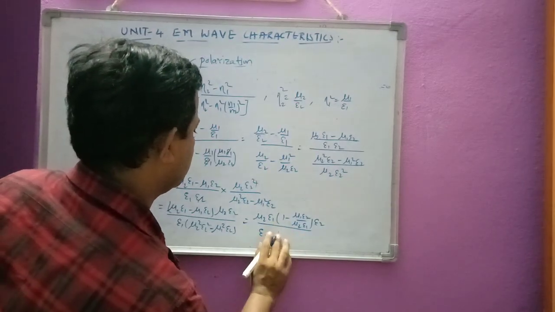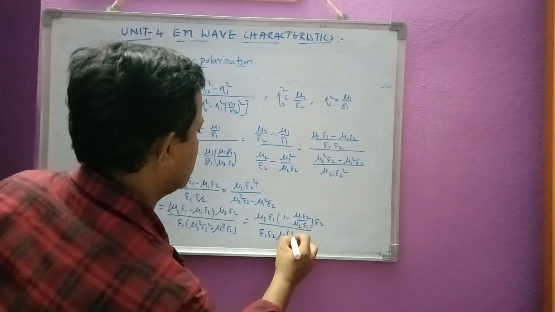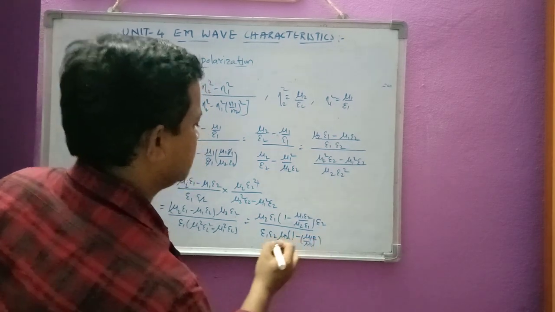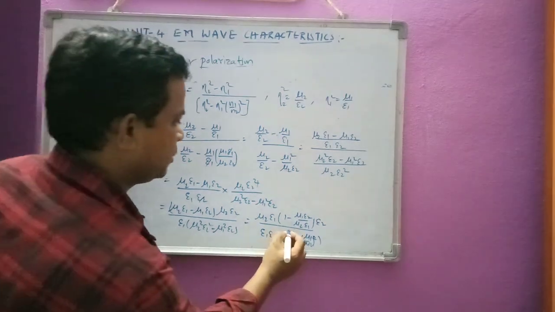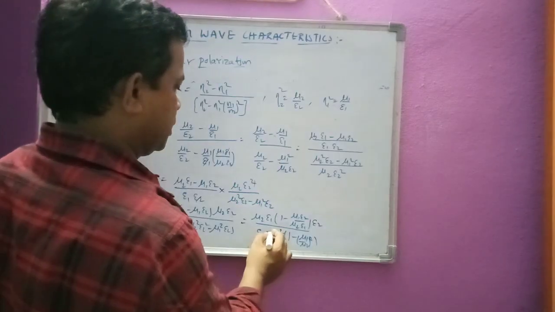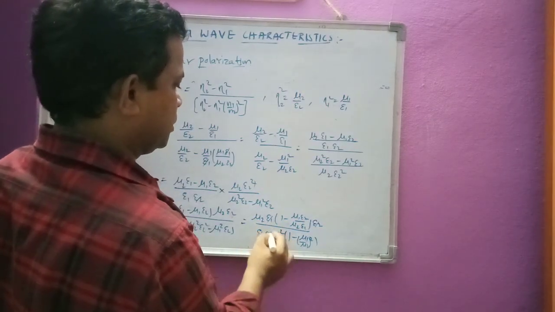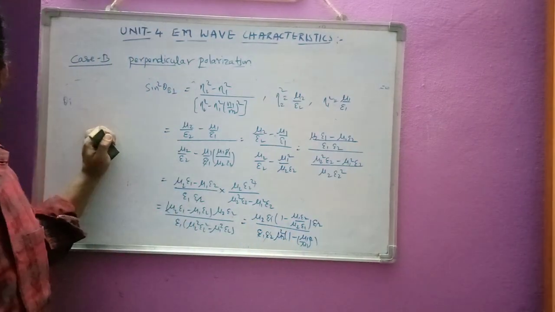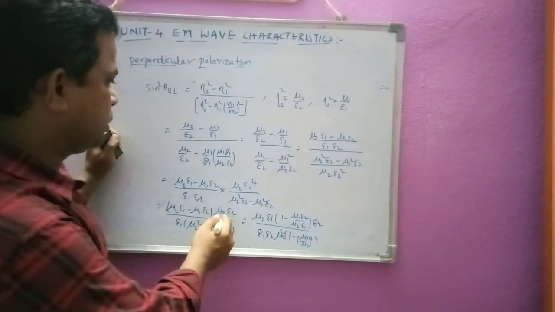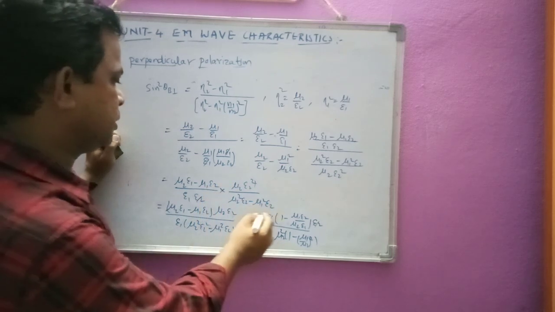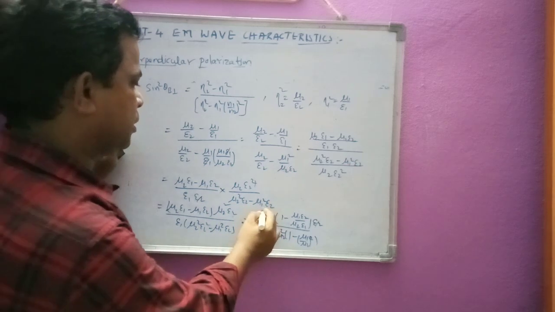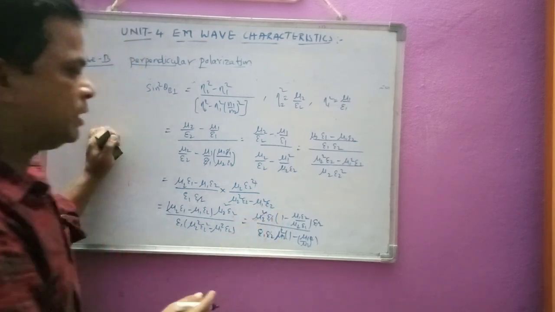Mu 2 square I will take common here: mu 2 square into 1 minus (mu 1 by mu 2) whole square. If I take the cancellation, epsilon 1, epsilon 2, epsilon 2, epsilon 1 cancel. And I have mu 2 also, I forgot to write mu 2 here. Mu 2 I have taken common, so I get mu 2 square here, so this mu 2 square will get cancelled.